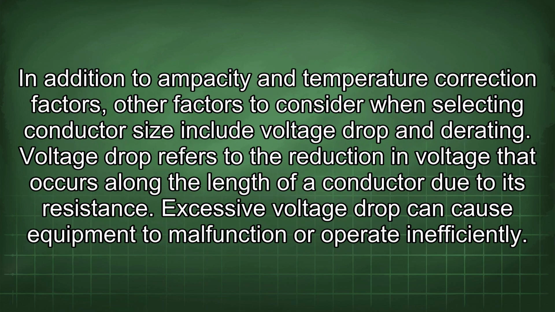In addition to ampacity and temperature correction factors, other factors to consider when selecting conductor size include voltage drop and derating. Voltage drop refers to the reduction in voltage that occurs along the length of a conductor due to its resistance. Excessive voltage drop can cause equipment to malfunction or operate inefficiently.